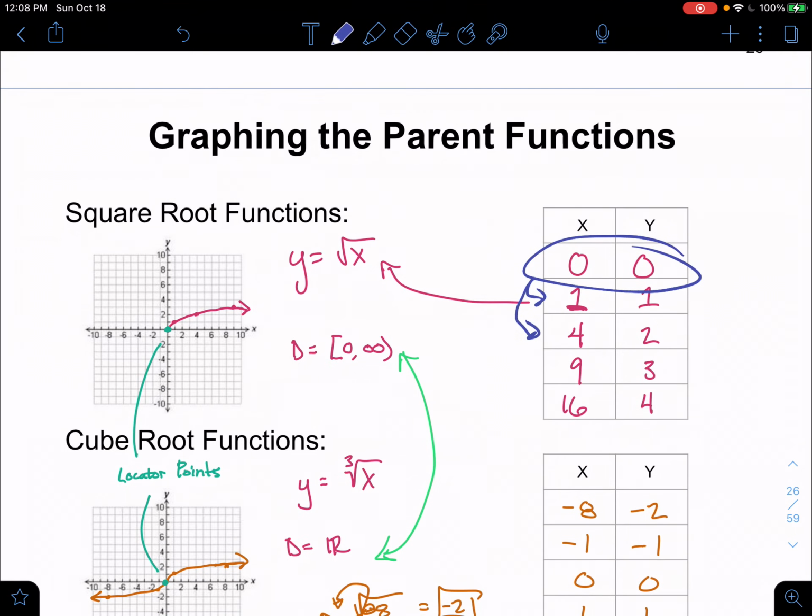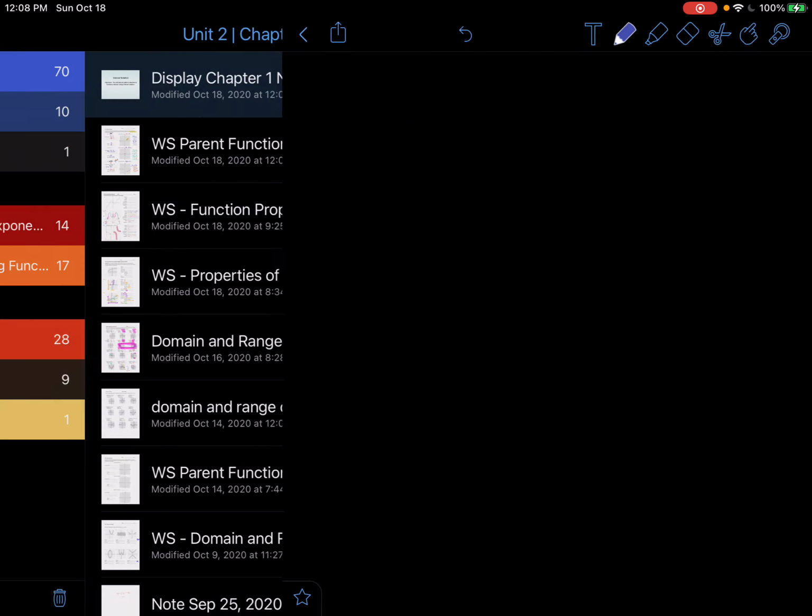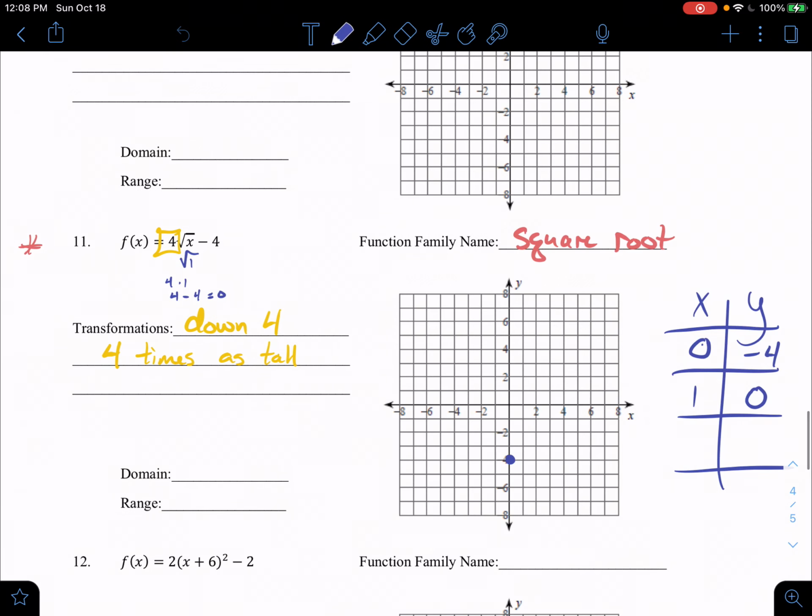So coming back to our worksheet, if I go 4 up from 0, 4 would be another good number, right? So this one was just plus 1, and if you make your next one plus 4 from wherever the x value of your locator point would be, you can always ensure that you hit nice numbers.